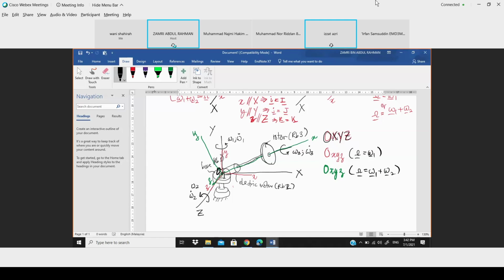Okay? Or, if you like, this one can be chosen such that omega is equal to omega 1 plus omega 2, while this one you can choose such that it is equal to omega 1 plus omega 2 plus omega 3.